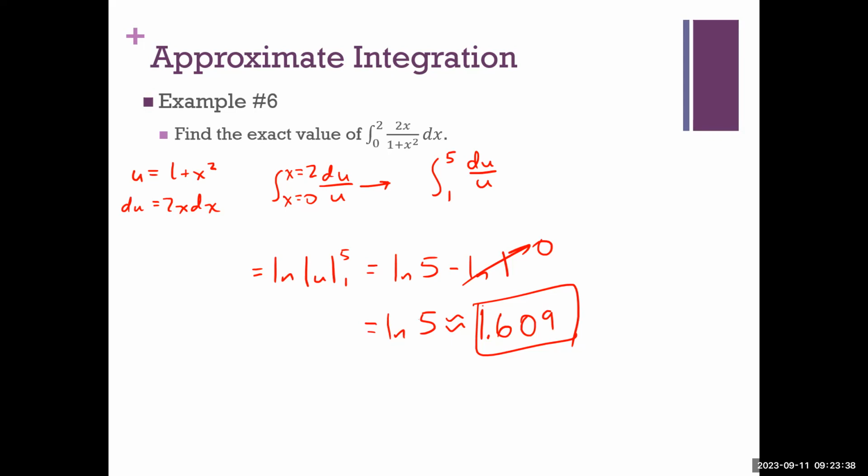Admittedly, all the approximation stuff didn't really need to be done with this exact function, but I wanted to lead up to something we could really find the exact numbers of. But for the homework, I think probably all the ones I gave you are things you have to approximate because the antiderivatives are not available.